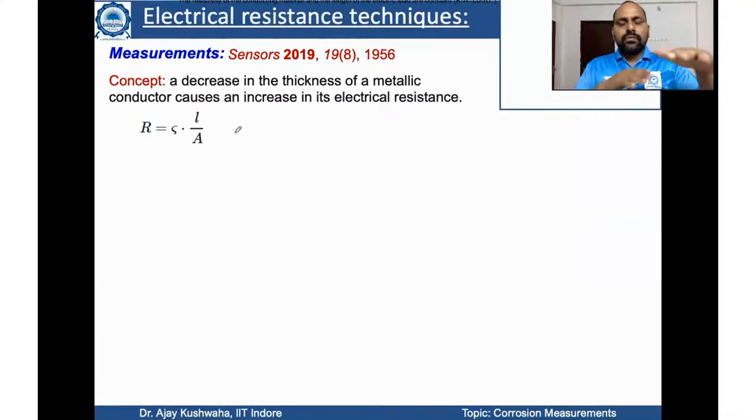So for the 2 probes which are exposed in the metal, there will be a change in the electrical resistance, while the other 2 probes, which are coated with the epoxy, are not going to be exposed to the environment, so the change in the electrical resistance will not be there in that case. So we have a comparative study, and then we can get whatever the differences are.